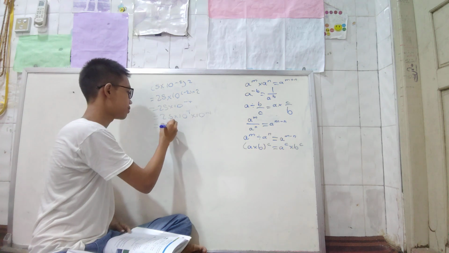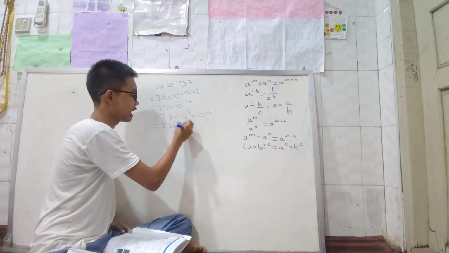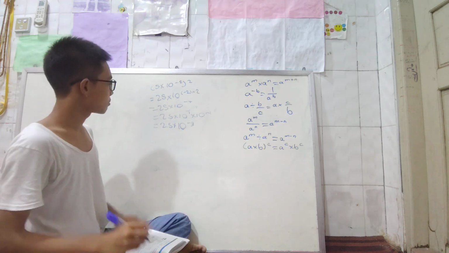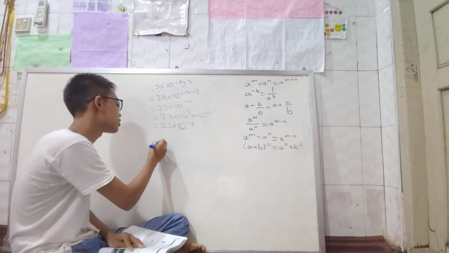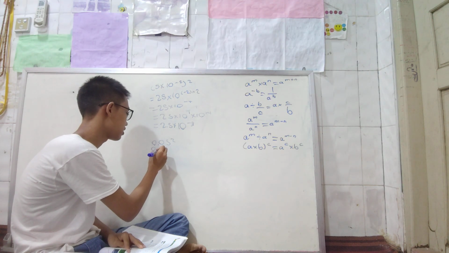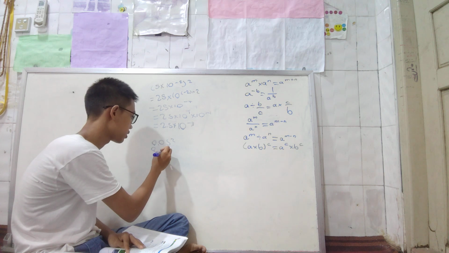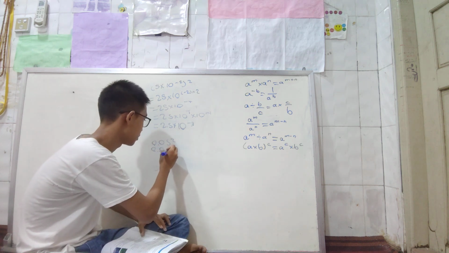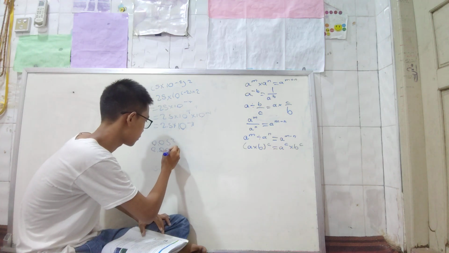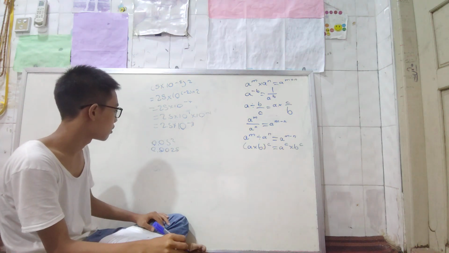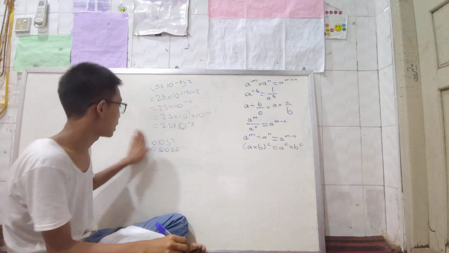So that's going to be 2.5 times 10 to the power of 1 minus 4, which is minus 3 here. Okay, so 0.05 squared is 0.25. That's like divided by 20. Okay, 0.025. Right? Yeah, matches.